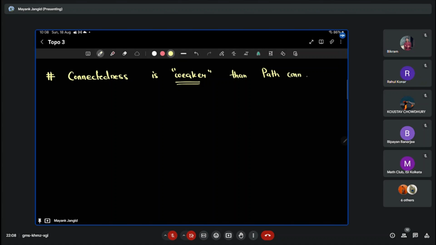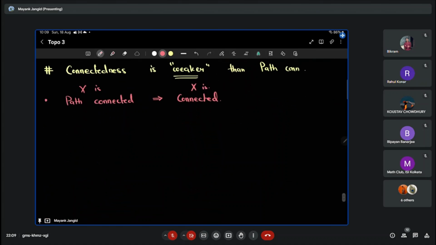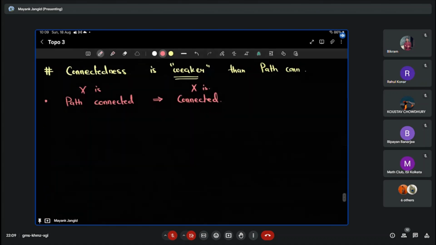What this means is that path connected implies connected. That is, if X is path connected, then X is connected. Is this clear to everyone till this point?